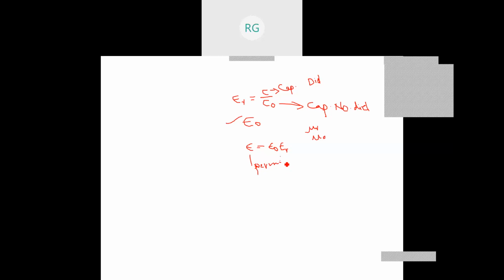This dielectric constant depends on the substance, and it varies from material to material. So we have some materials with dielectric constants of maybe 1, 2, 3, 10, and some will have hundreds, but we will see some important dielectric materials whose dielectric constant is very, very high.